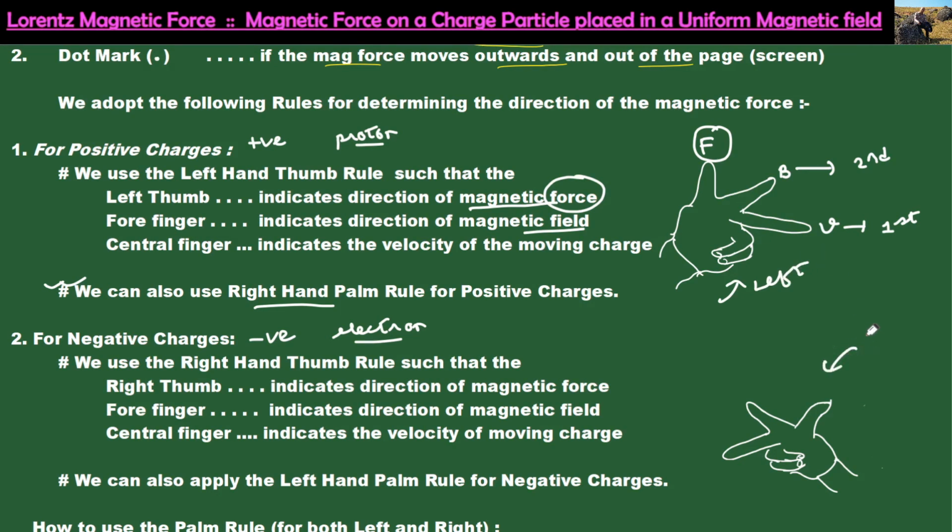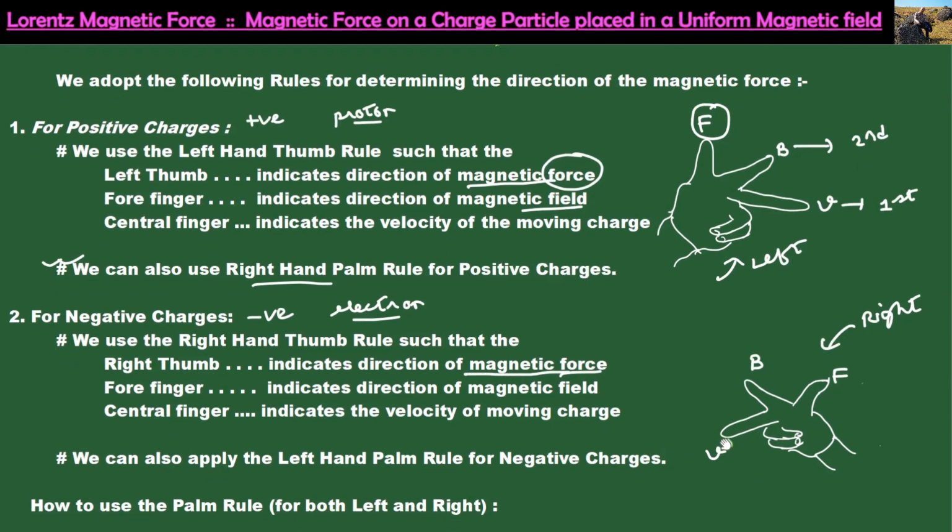You take your right hand in such a way that, with the same convention, the thumb will give you the force, the forefinger will give you the magnetic field, and the middle finger will give you the velocity vector. The direction in which the thumb points will give you the direction of your magnetic force.